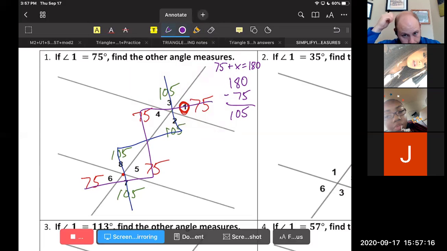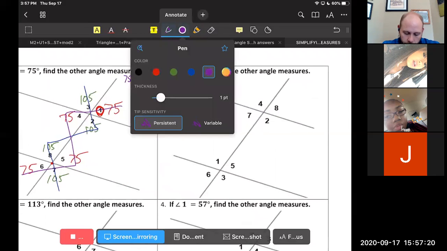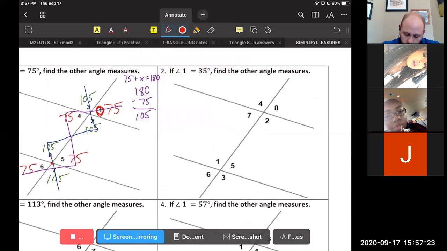That's your pattern. I'll show you again with this 35 really quick for number 2. Angle 1 is 35. That would mean angle 3 is 35 because those are vertical. 2 is 35 because 3 and 2 are corresponding. 4 is 35 because those are vertical.